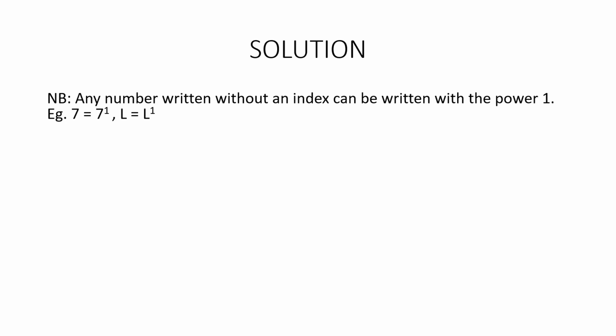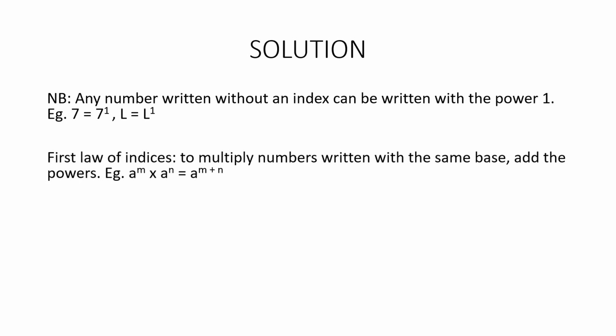The first law of indices also says that to multiply numbers written with the same base, add the powers. For example, you have a to the power m times a to the power n.